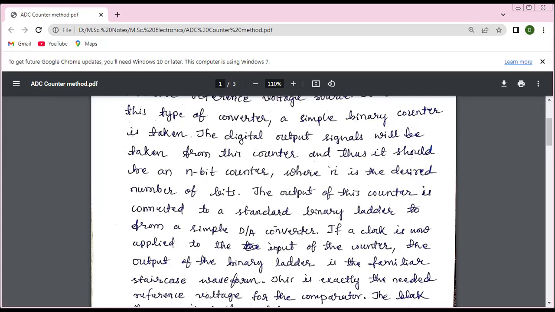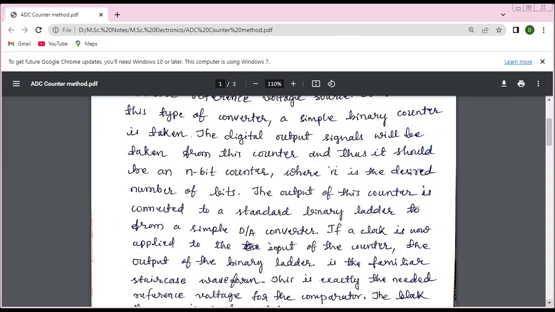That's why all converters have this standard binary ladder type circuit which converts the digital to analog. So that will be a part of this analog to digital conversion.